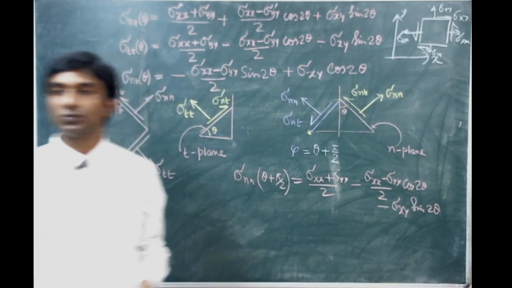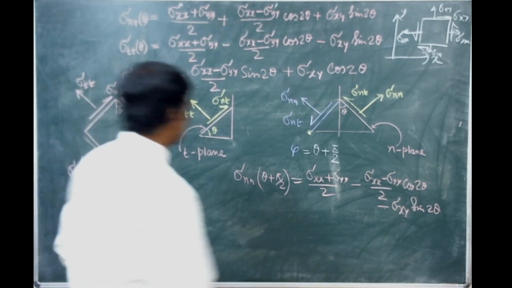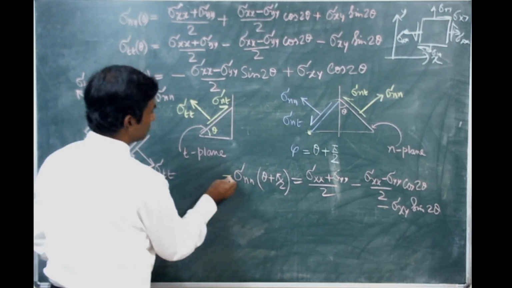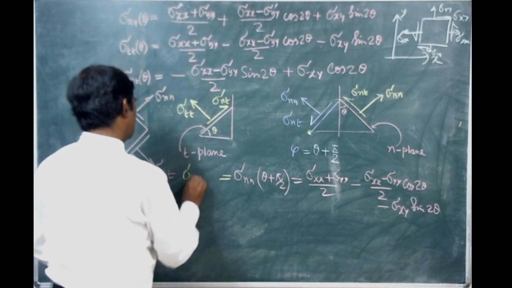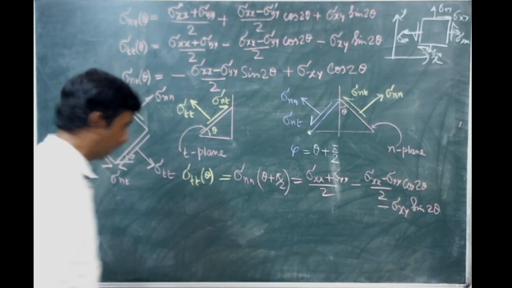Okay, the first one is okay, you get the negative sign, but what about the second one? So this you can say that this is equal to sigma tt at theta. Okay, so it takes the same value.